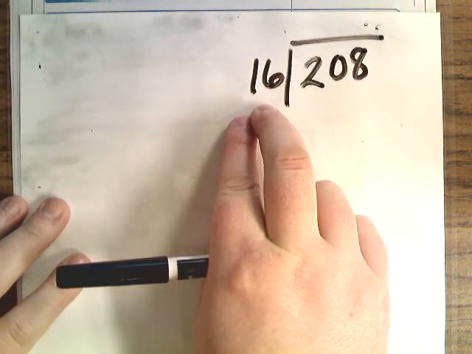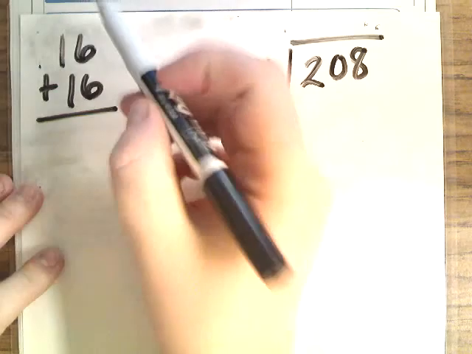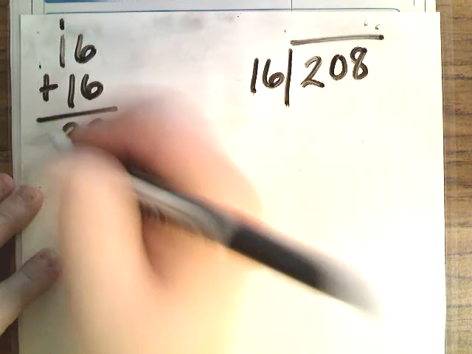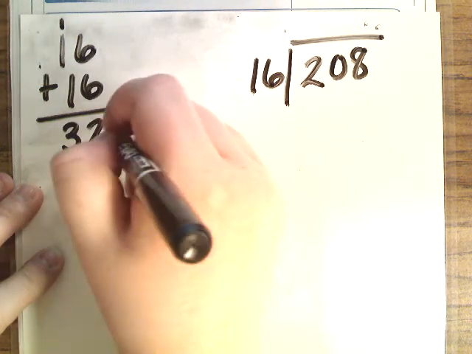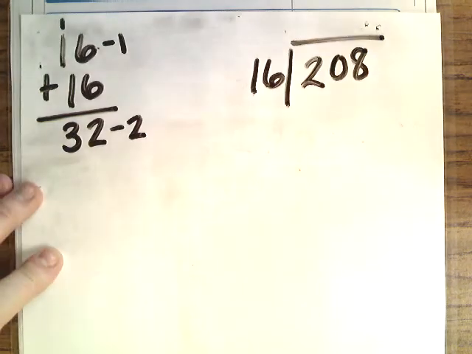Okay, first thing I notice, 2 digits outside the box, so we have to create a running total over here. So 16 plus 16, let's add that together. 6 plus 6 is 12, carry the 1, 1, 2, 3, 32. So that tells me that 16 times 2 is 32. 16 times 1 is just 16.